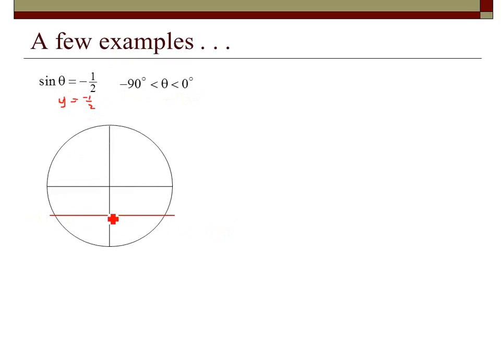I'm going to go from negative 90 to 0. Here's 0, here's negative 90, so I'm working between these two values. This one's only going to have one answer. If I draw my line out, it puts me at this angle right here. Again, I'm going to go backwards 30 degrees. So this is negative 30 degrees.